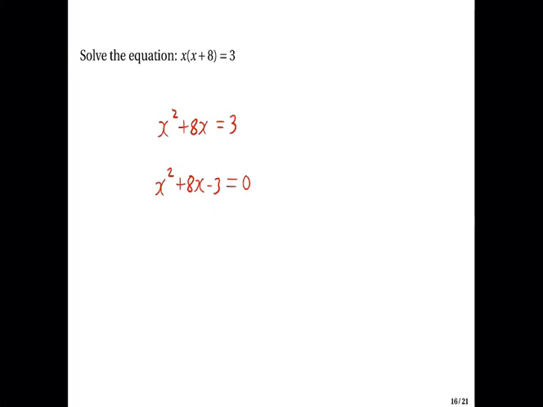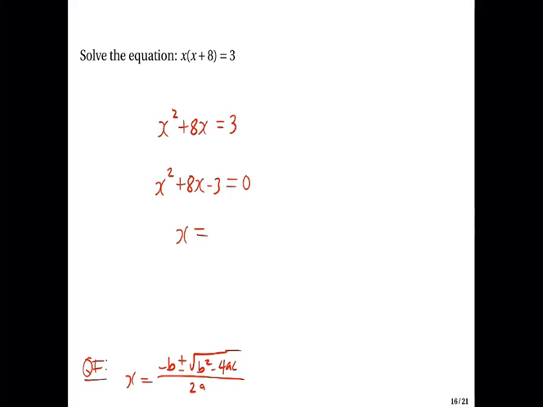And then from here, you can use your quadratic formula. Let me write again here the quadratic formula. So it should be x equals negative b plus or minus square root of b squared minus 4ac all over 2a. So here you have your x equals. Of course, a is 1, b is 8, c is negative 3.